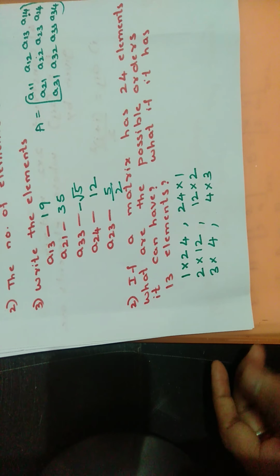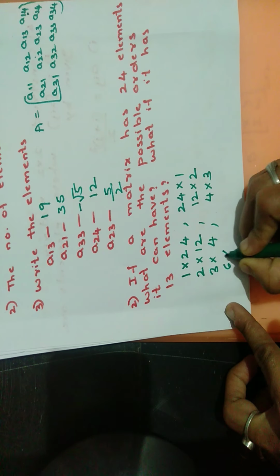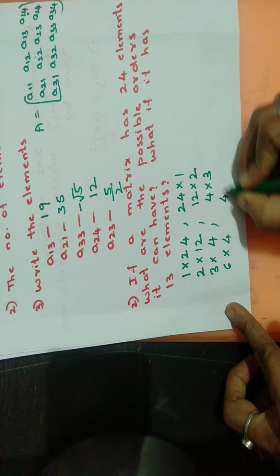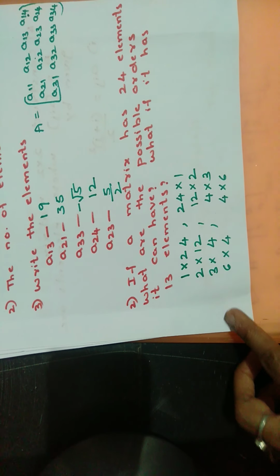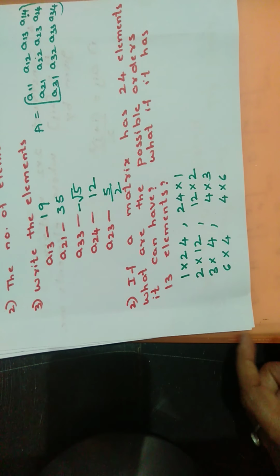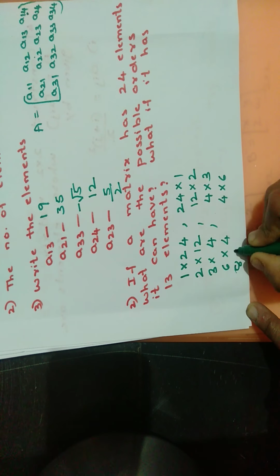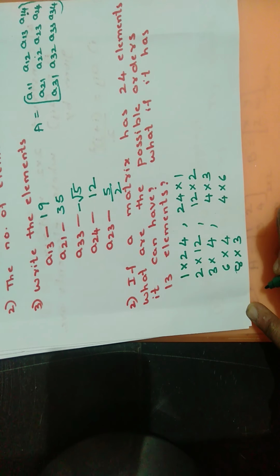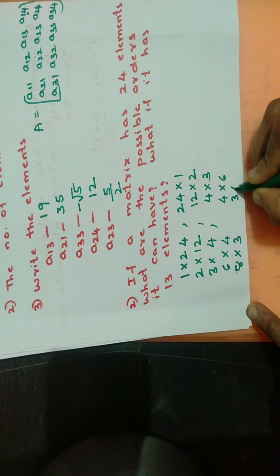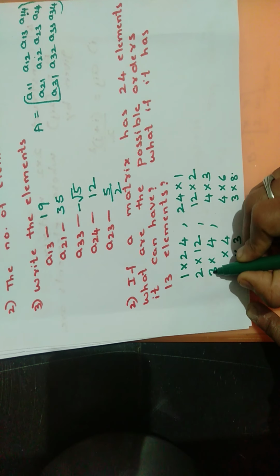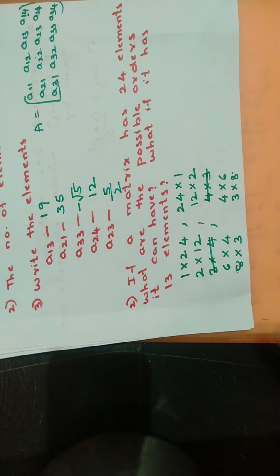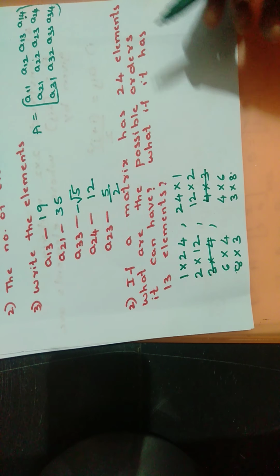Next, 6 into 4 and 4 into 6. Next, 7 is not there and 8 is there. 8 into 3, and this is 3 into 8. Sorry, 3 into 4 is not there; 3 fours are 12. 6 into 4, we get 24.